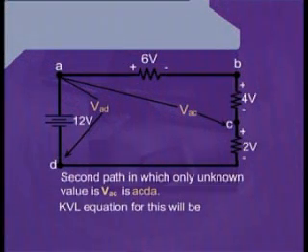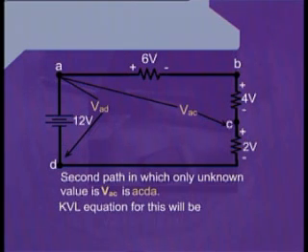Taking second path, which is A, C, D and A, we apply KVL to this loop so that we can write, starting from the point A, going towards the point C, we encounter once again the imaginative VAC voltage source.